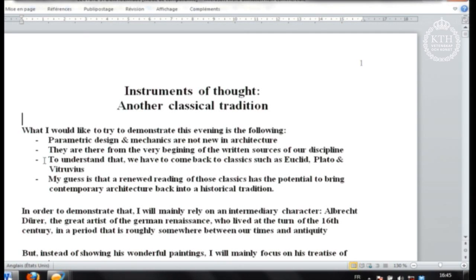My guess is that a renewed reading of those classics has the potential to bring contemporary architecture back into a historical tradition. So in order to demonstrate that, I will mainly rely on an intermediary character, Albrecht Dürer, the great artist of the German Renaissance, who lived at the turn of the 16th century in a period that is roughly somewhere between our times and antiquity.